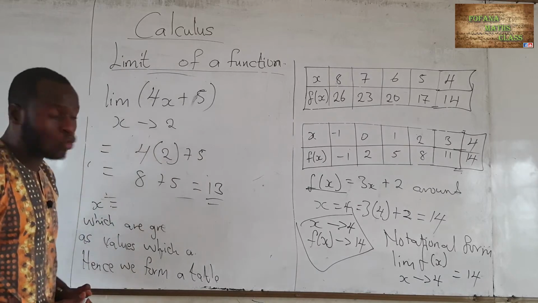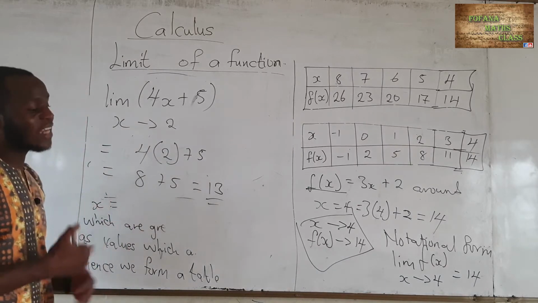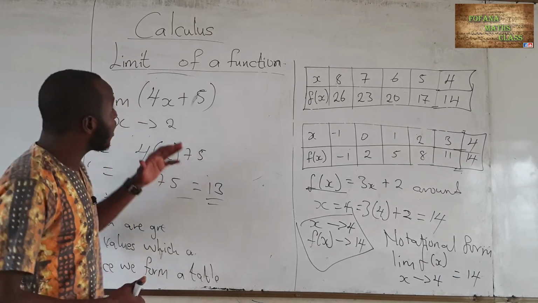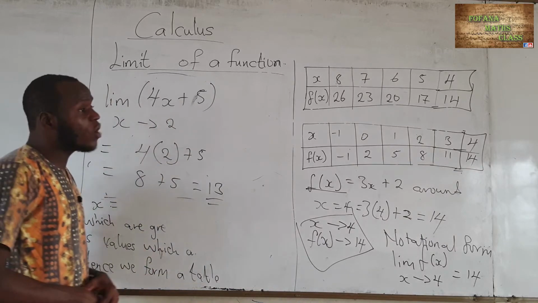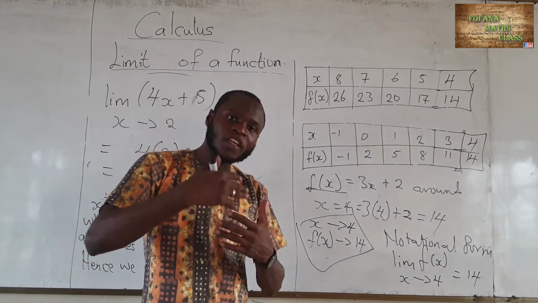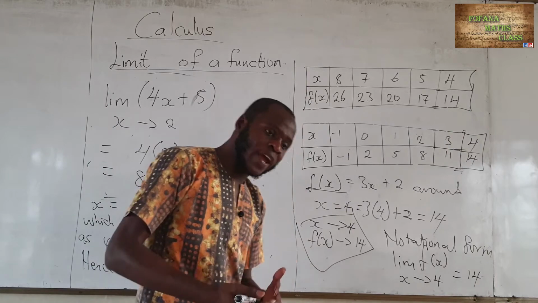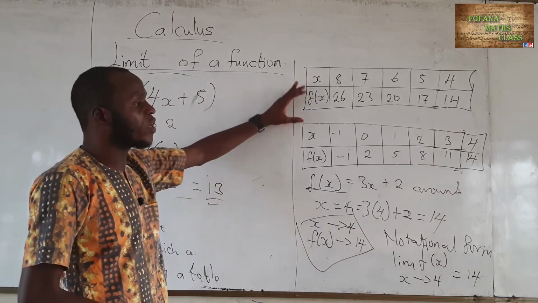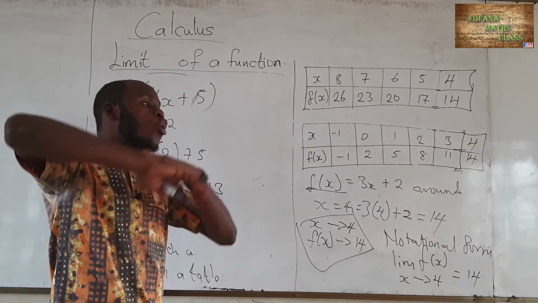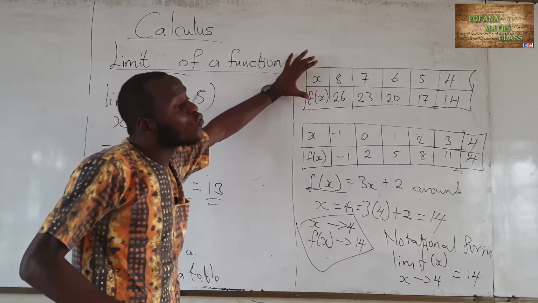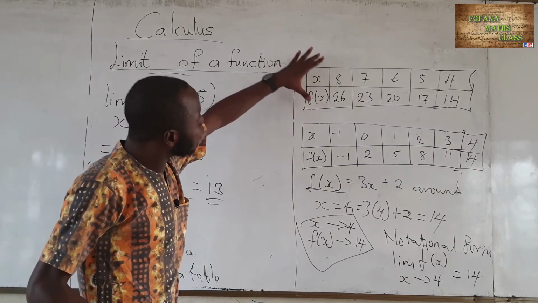In my next video we'll be looking at standards of limit of a function. When we are asked to give the limit of a function, it will take us a whole lot of time because we will have to form a table, then look at the numbers one after the other.